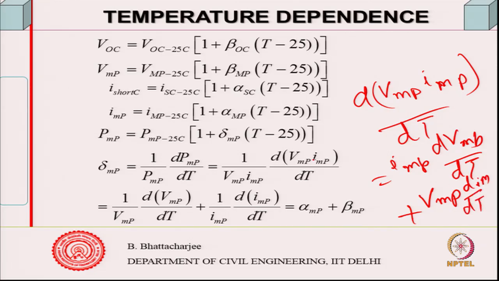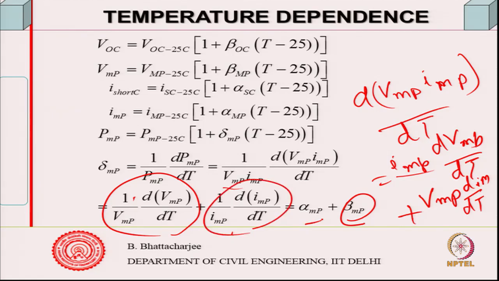Dividing by V MP I MP, the I MP will cancel in the first term, and I will be left with 1 by V MP dV MP dt, and so on, which is nothing but one of them is beta, another is alpha. So, the temperature coefficient for power is the sum of the temperature coefficients for current and voltage.